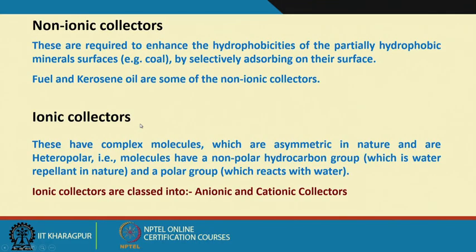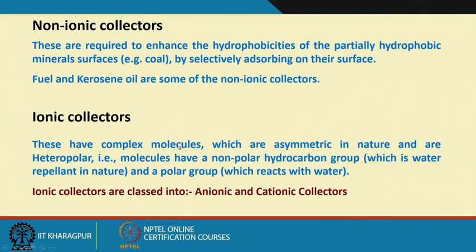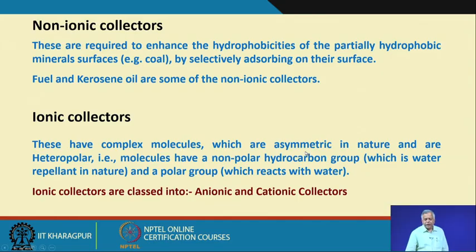Now, let us talk about ionic collectors, that means, for the minerals which are very difficult to float. For that we need some targeted chemicals or targeted collectors. These are complex molecules. So, what are these ionic collectors? They have complex molecules which are asymmetric in nature and are heteropolar. What does it mean?